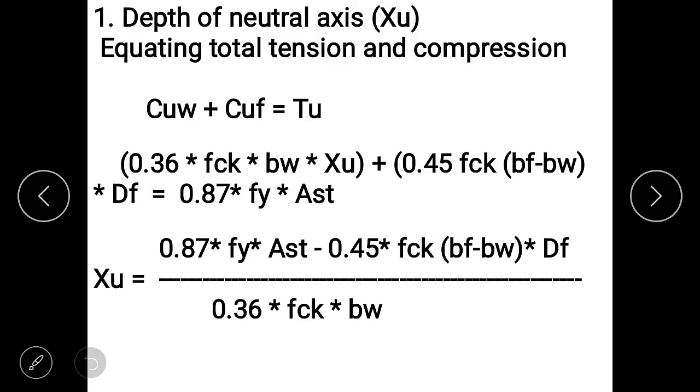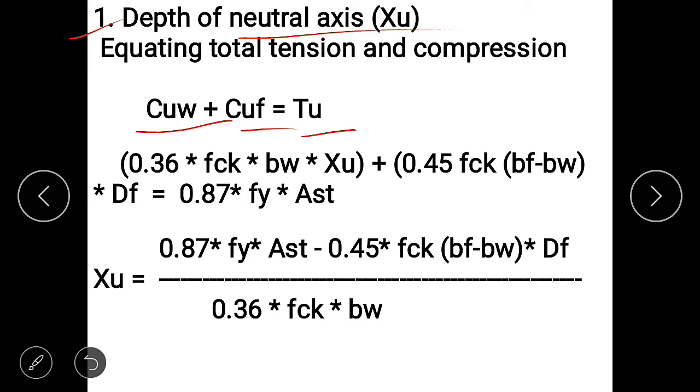Okay, so the first step for the second case is to calculate the depth of neutral axis xu. Equating total tension and compression: total compression is Cuw plus Cuf, the compressive force in web and the compressive force in flange, which equals Tu.